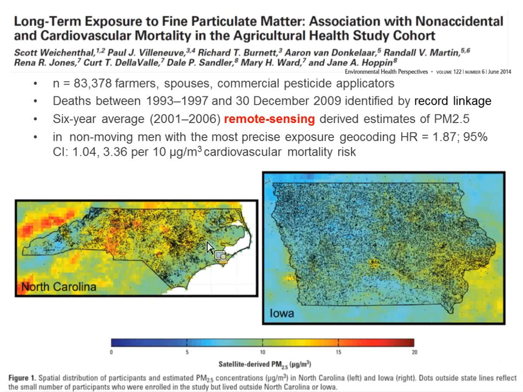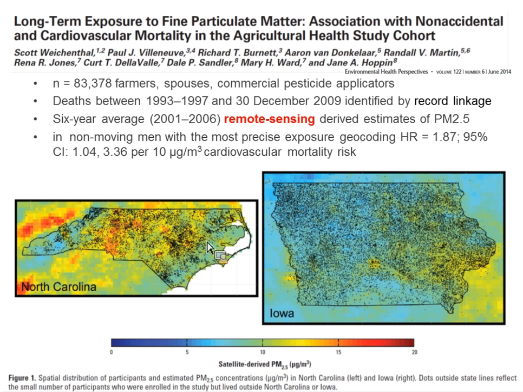Okay, so jumping back to the present, as I said, I wanted to highlight a few studies that have taken advantage of these developments in exposure science. So this is based on the Agricultural Health Study cohort, a study of about 80,000 farmers, their spouses, and commercial pesticide applicators.